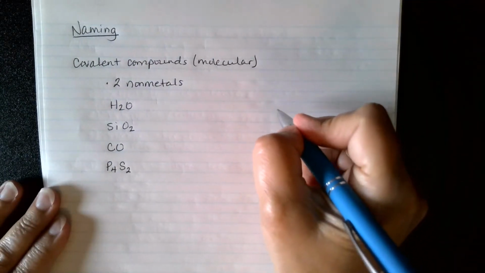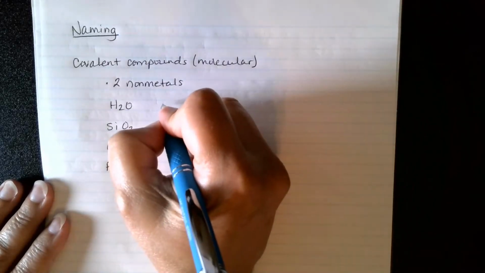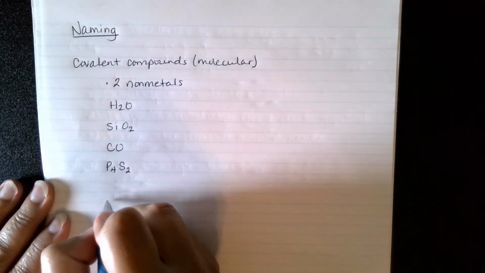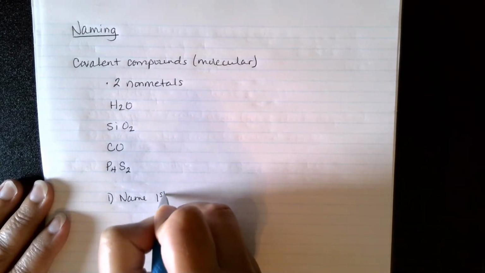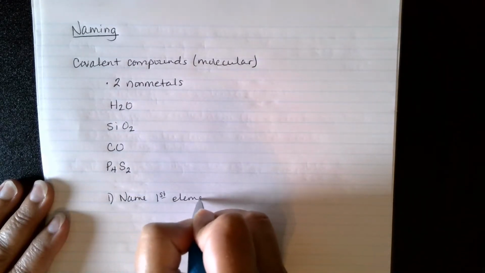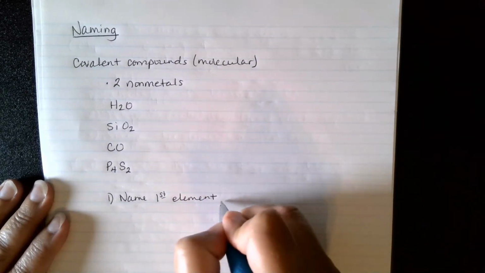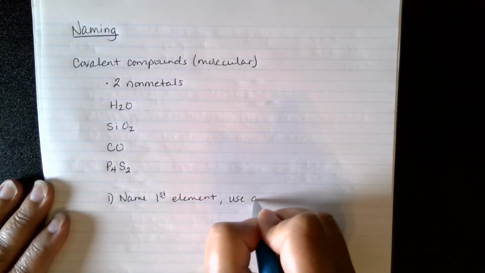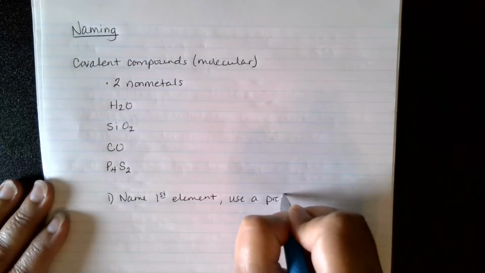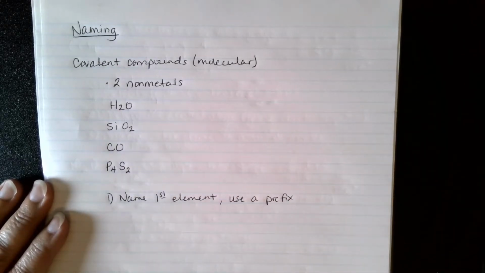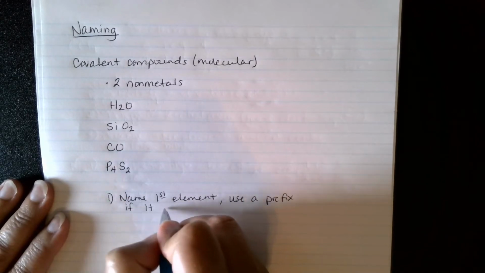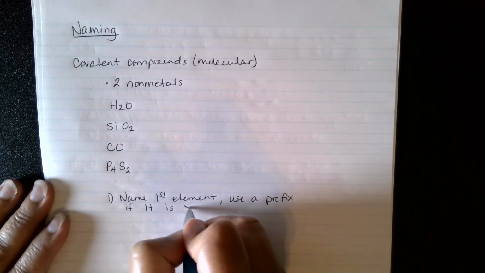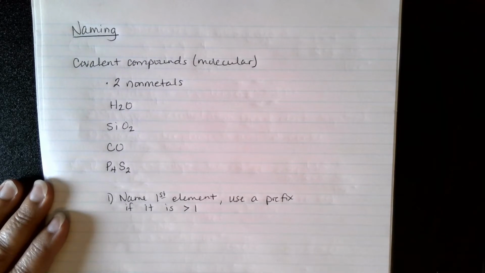So we are first going to name the first element. I'll write the rules here. Name first element, and we're going to use a prefix if it's greater than 1.